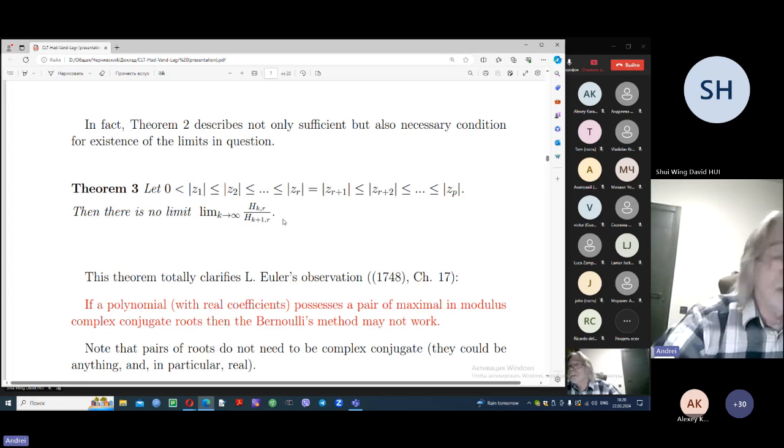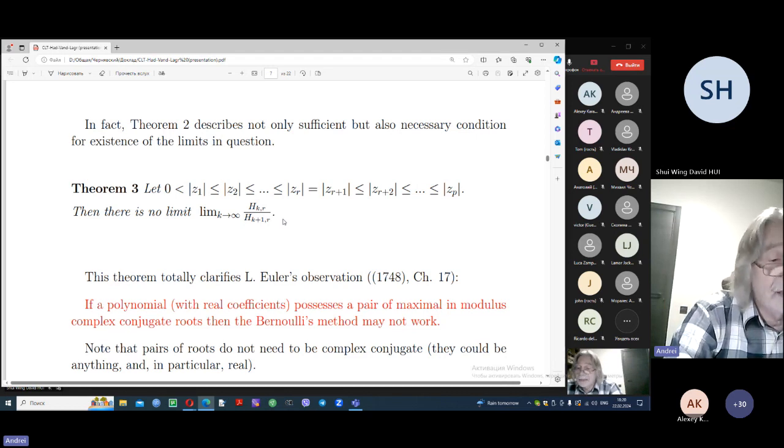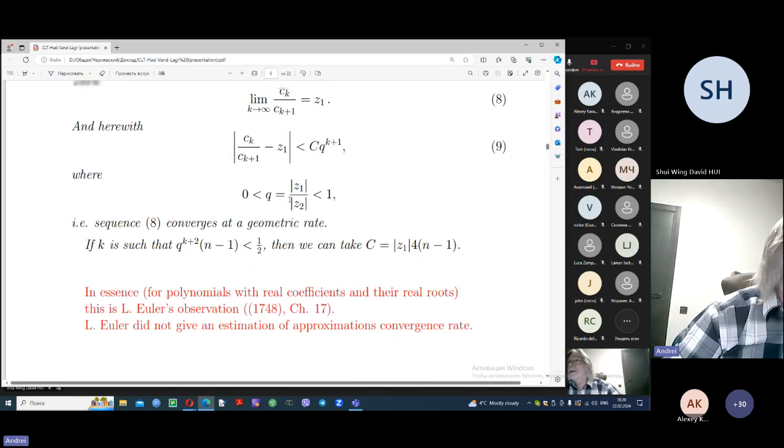So, in fact, this theorem totally clarifies Euler's observation, and I recall that Euler observed by examples that once a polynomial with real coefficients possesses a pair of complex conjugated roots of maximal modulus, then there is no limit.